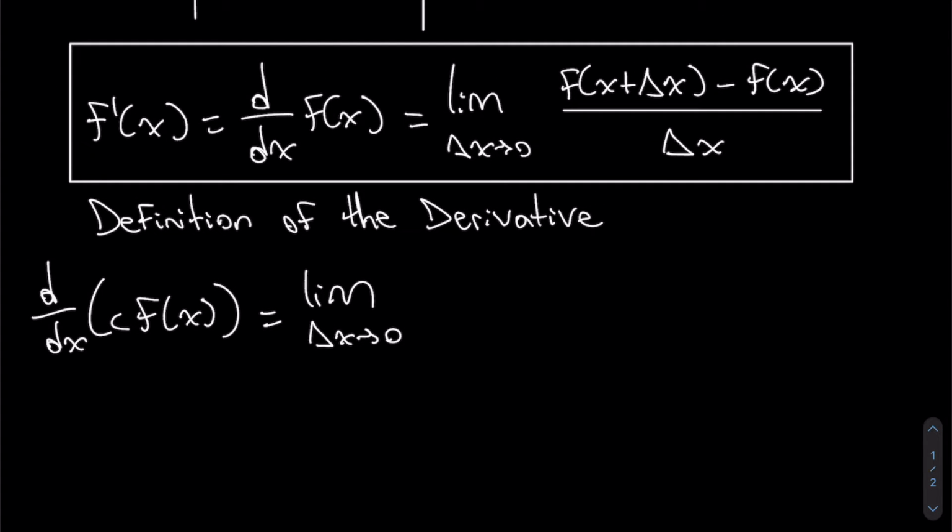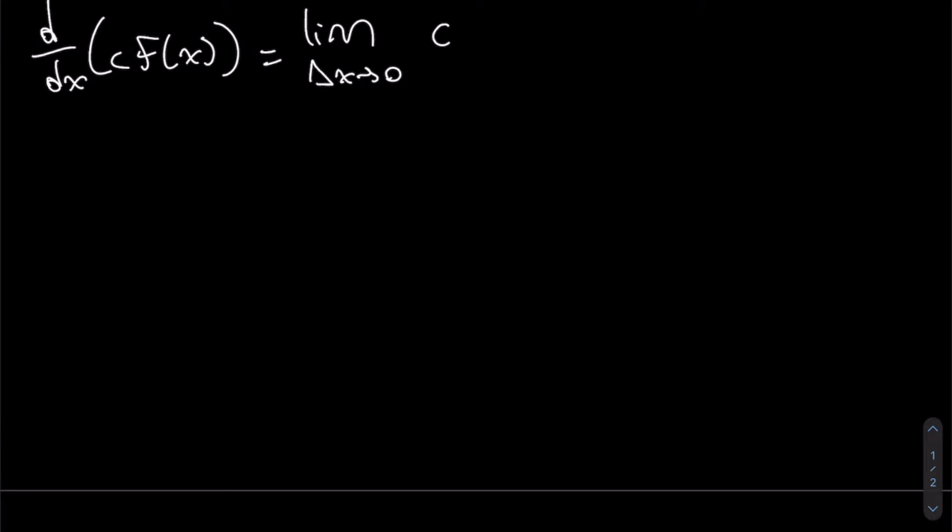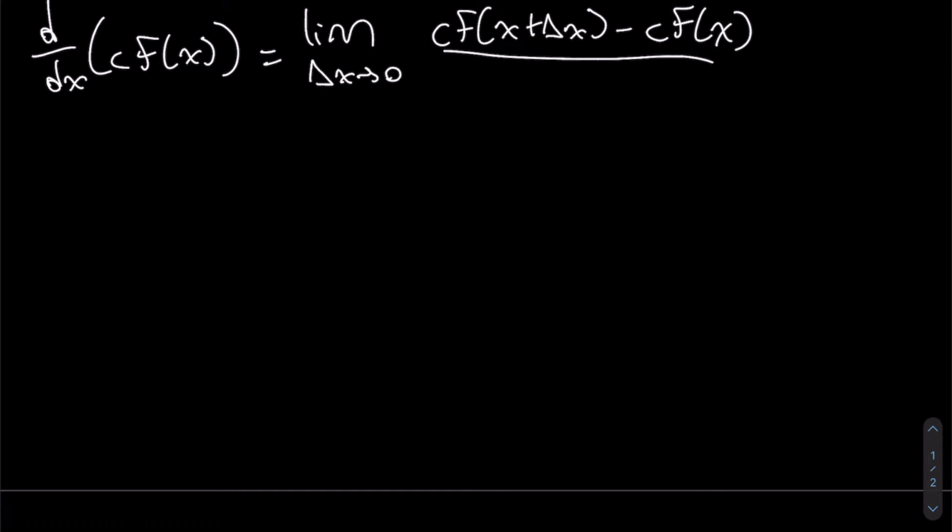Remember that first we have the function at x plus delta x minus the function of x. So I'm going to write that now. So we have c times f at x plus delta x minus c times f at x. And now you can probably see pretty easily that these constants will factor out of this expression, and because the constants don't depend on delta x at all, they can actually just factor right outside of the limit.